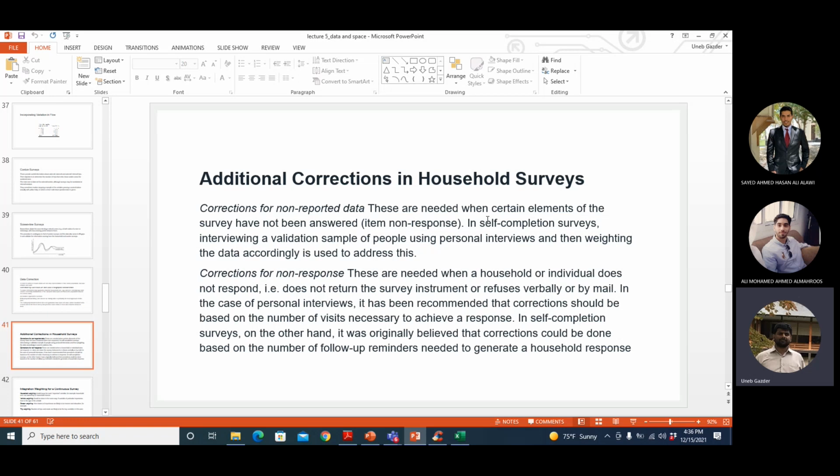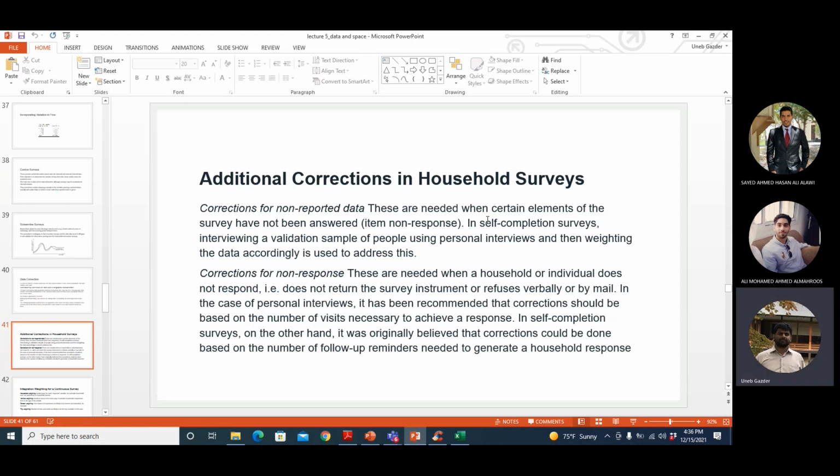Then we have correction for non-response. Non-reported means you distributed the questionnaire properly, but some of the items were not answered. Non-response is when a certain type of people in the population did not respond to your questionnaire at all.